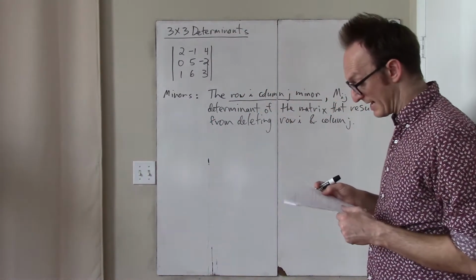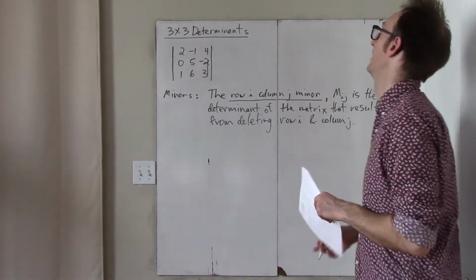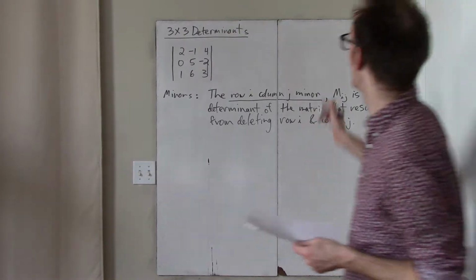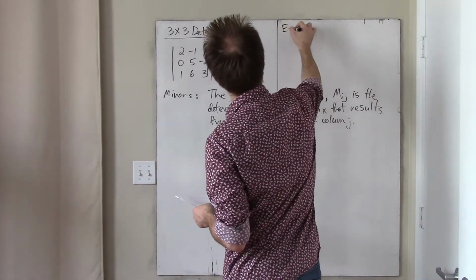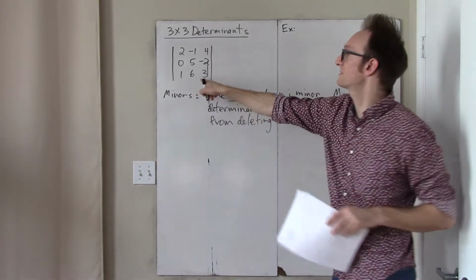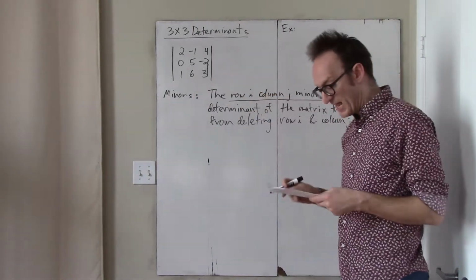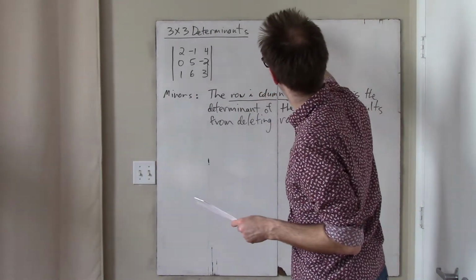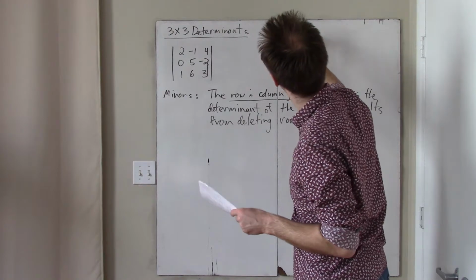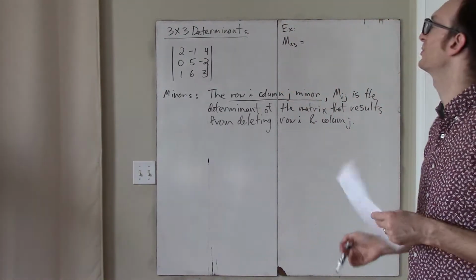Well, what does that even mean? I can give an example. Take this matrix right here, and suppose I want to compute the M23 minor. What is the M23 minor?